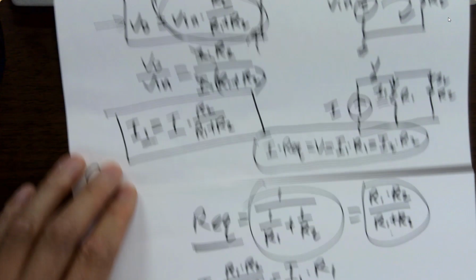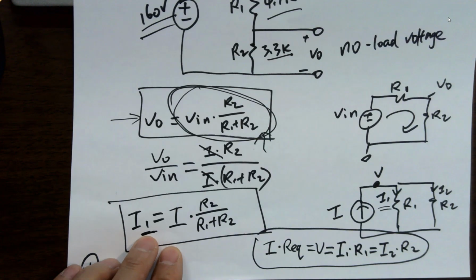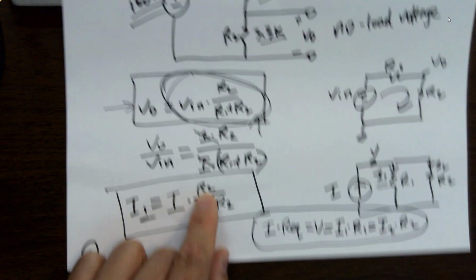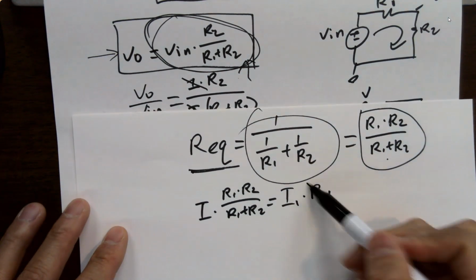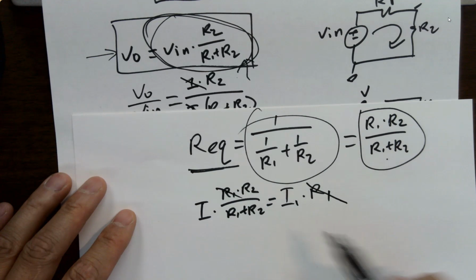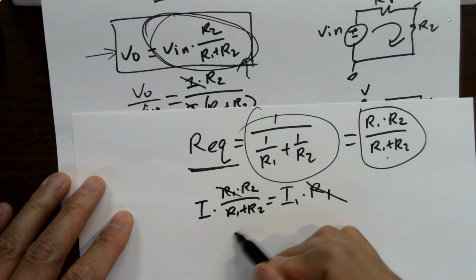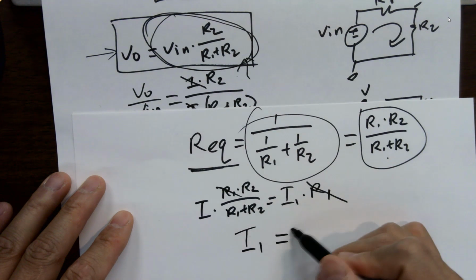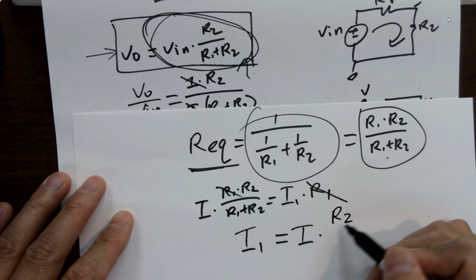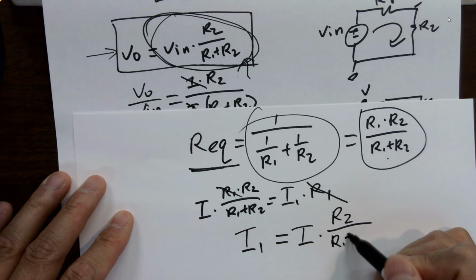Now you get it. Why, when I'm calculating for I1, do we put R2 on the top? It's because R1 is getting canceled. So I1 becomes the total current times the other resistor on the top, divided by the total resistance.